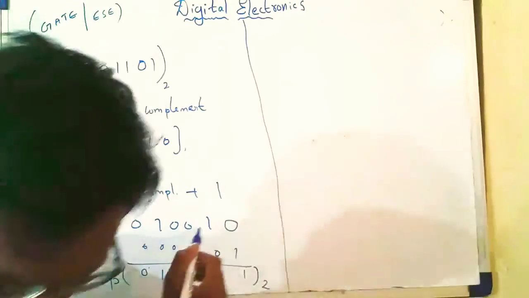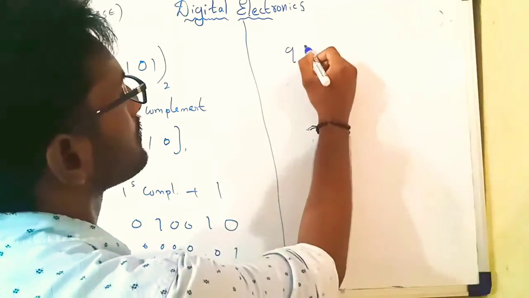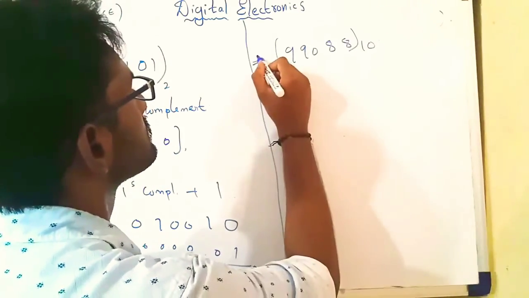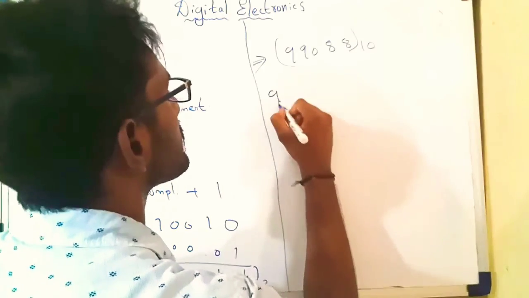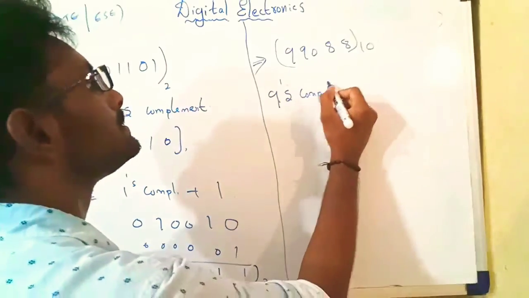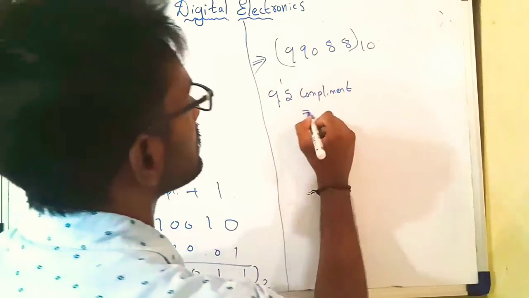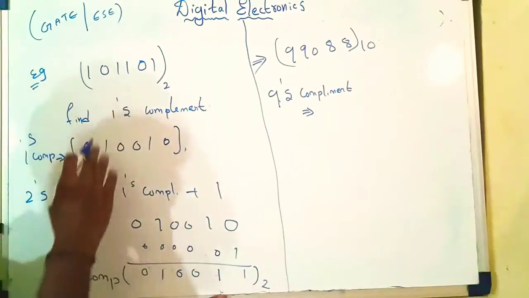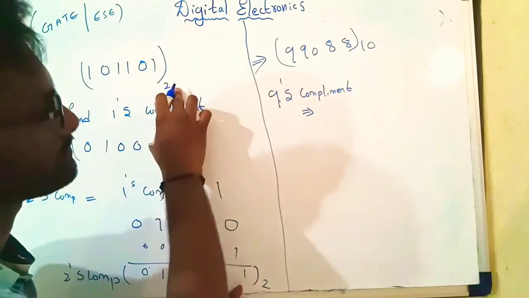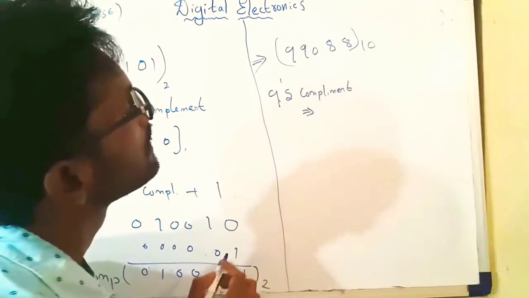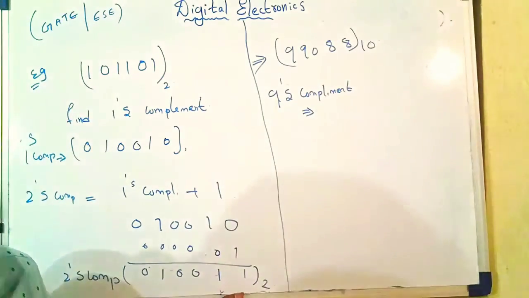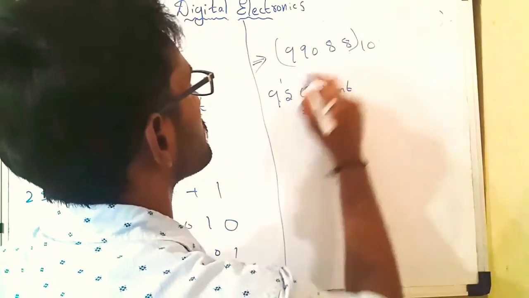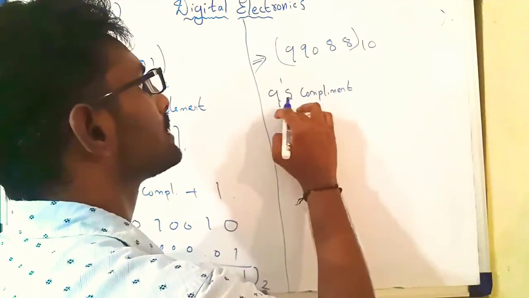Take a decimal number 99088 of base 10. Find the 9's complement. In the binary system, we directly complemented 1 as 0 and 0 as 1 for the 1's complement of base 2. For the 9's complement of base 10, for each digit the total should be equal to 9.